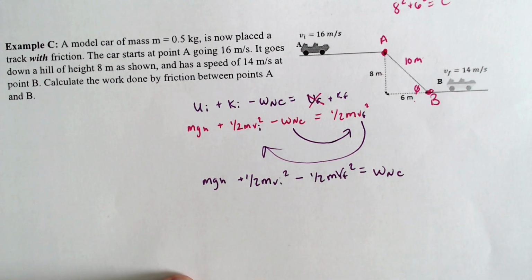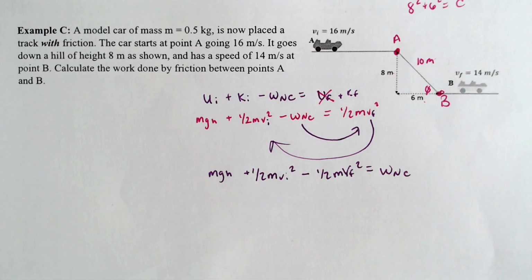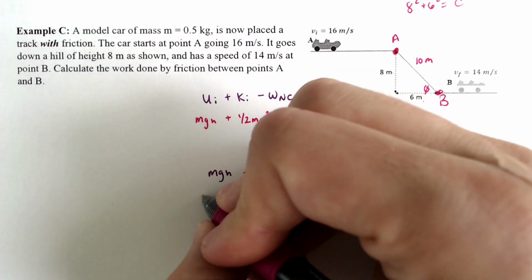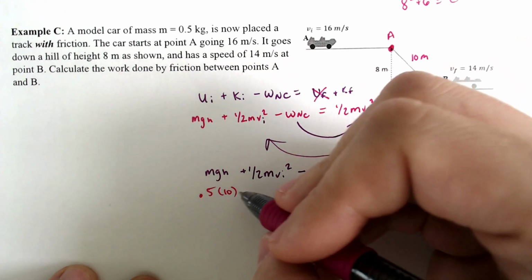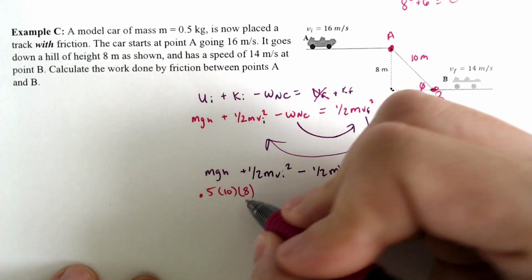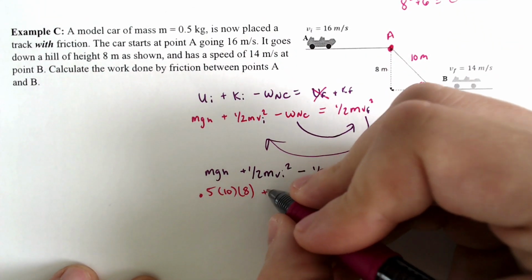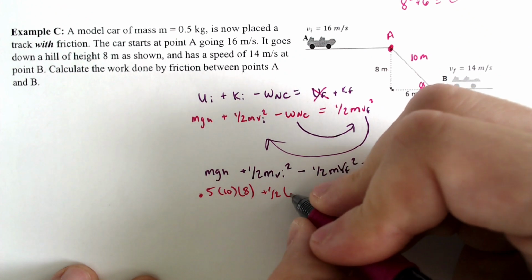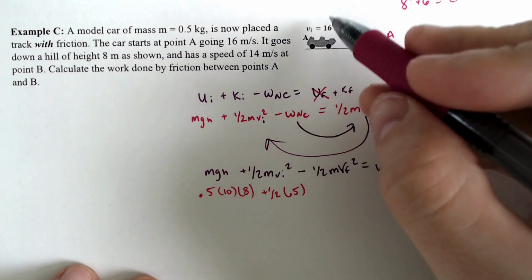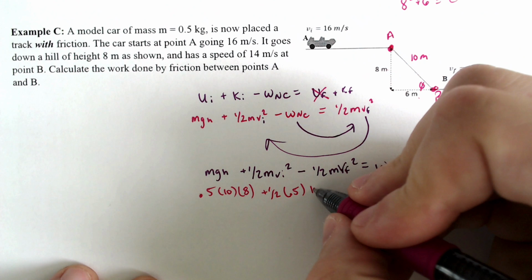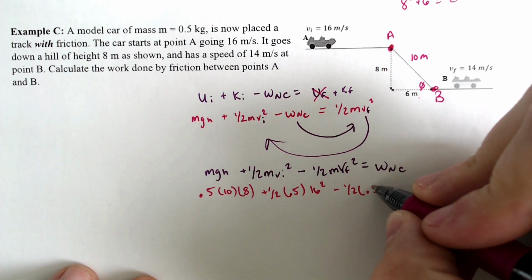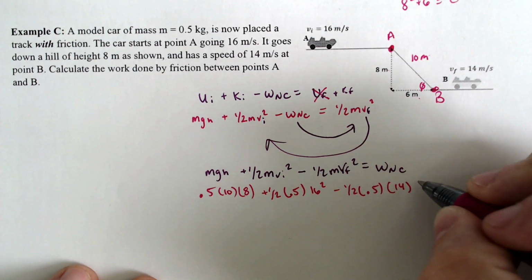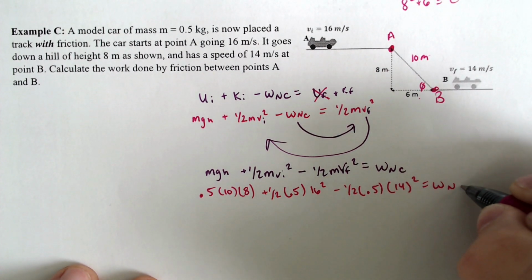So let's plug in some stuff. We got mass, which is 0.5, times gravity, 10 or 9.8 meters per second squared, times the height of 8, plus 1/2 mass, which is 0.5, times the Vi. Vi is 16 squared, minus 1/2 the mass, 0.5, times the V final, which is 14 squared, would equal your work done by non-conservatives.